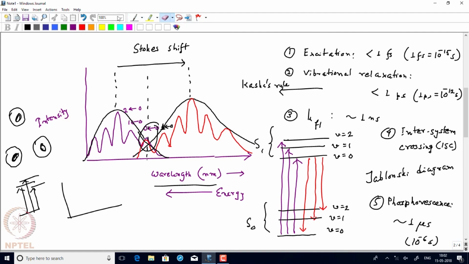I have a transition like this in the gas phase, and each of these transitions will now be broadened in the condensed phase due to the different local environment of the molecules. As a result, you will see a very structureless band, where you cannot distinguish these two. The individual absorptions are now so broad that they are hiding in that absorption spectrum.